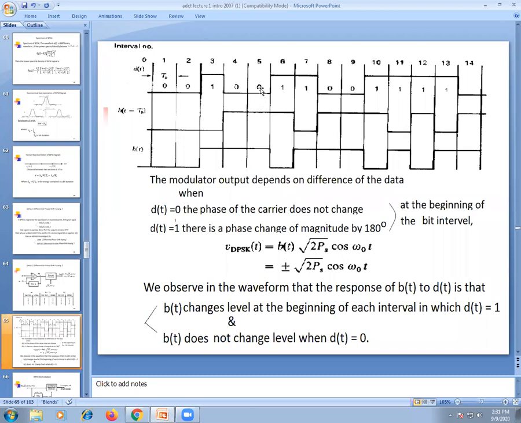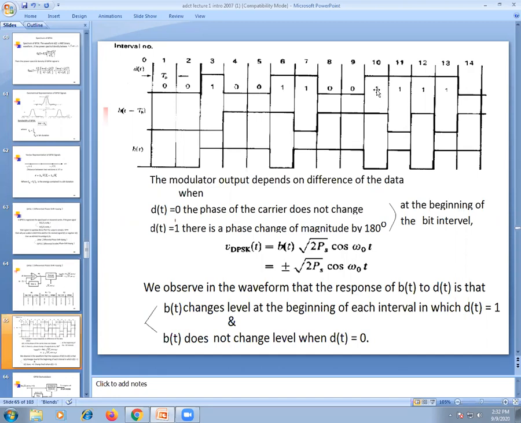When d(t) is equal to 1, what happens? Phase change. Phase change means if the previous one is high, now go for low. When d(t) is equal to 1 again, the phase changes again, low to high. When d(t) is equal to 0, no phase change.